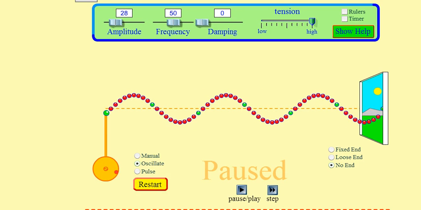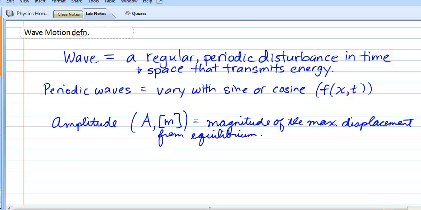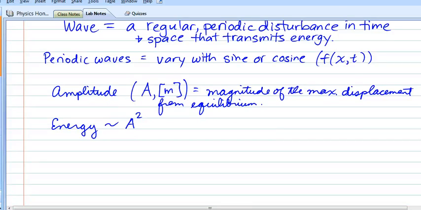Okay? Alright, so one thing to keep in mind is that the energy transported by the wave is proportional to A squared. And we'll talk a little bit more about this in a moment. And actually, when we get to discussing simple harmonic motion, we'll say more about this.